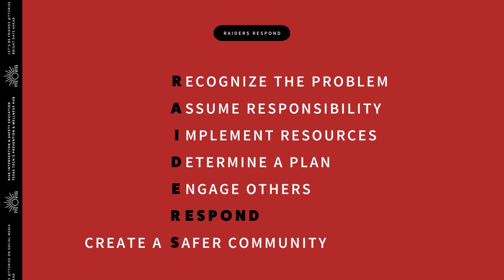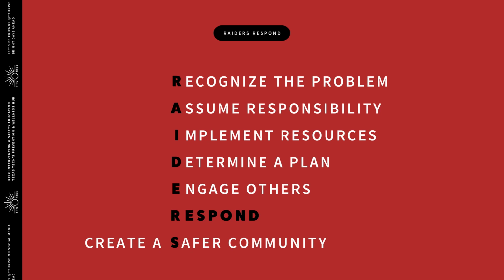Determine a plan, figure out exactly what you're going to do and how you're going to intervene. Engage others, ask others to step in with you or help you in whatever plan that you're trying to execute. Respond, and this part is incredibly important. Make sure that you are stepping in and taking action, whether it is calling someone or starting a conversation or whatever that might look like.